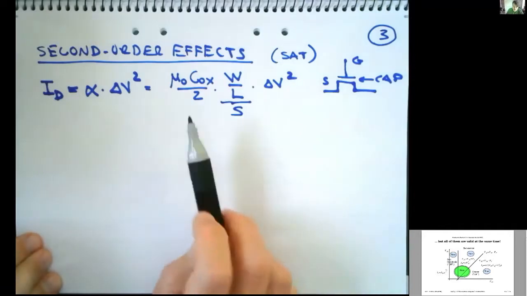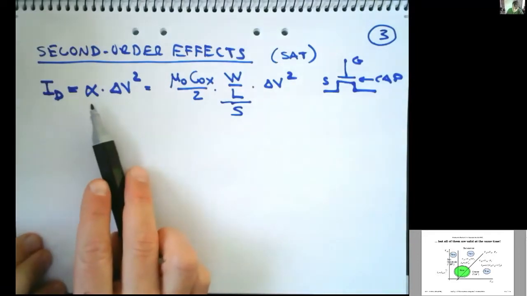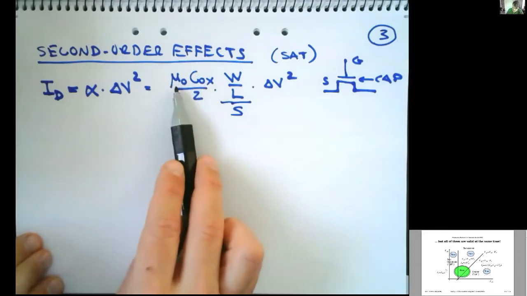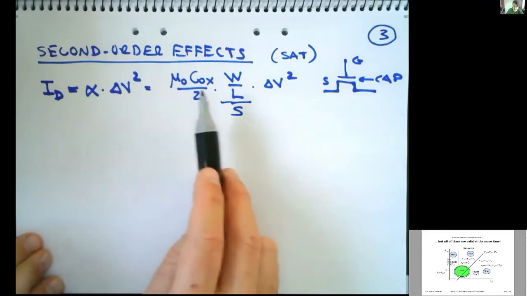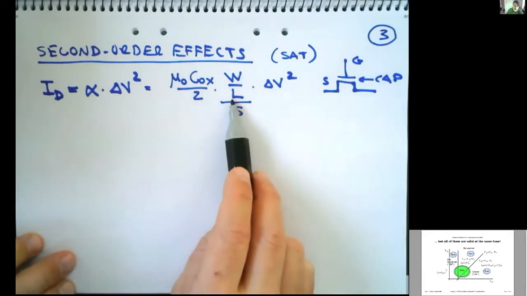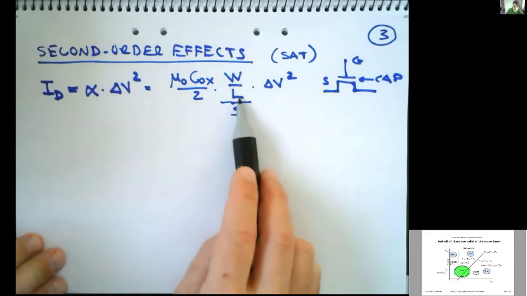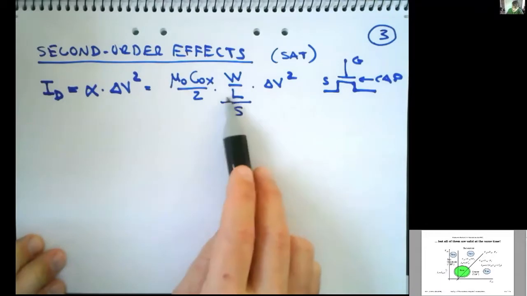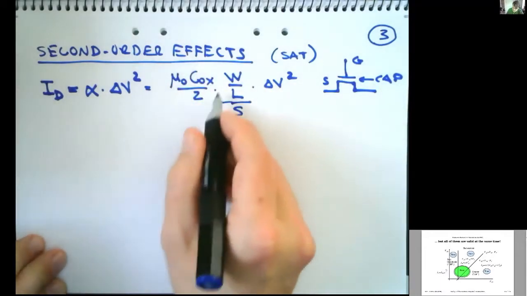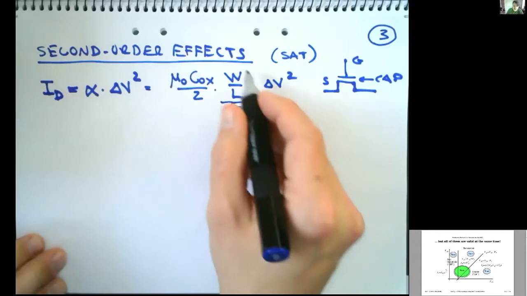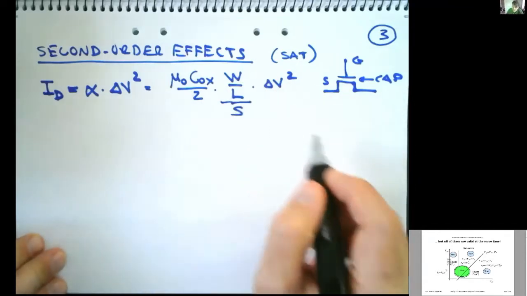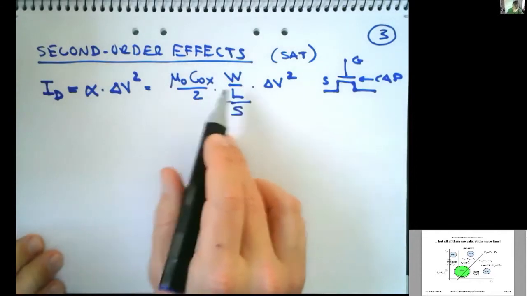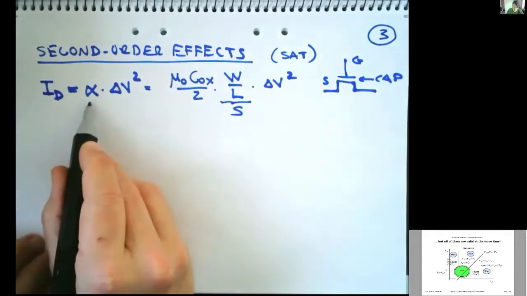But conceptually, as a designer, I probably don't have any good handles to change the value of mu naught and Cox. They're typically given by the process. But W and L I can design as a designer. I can change them, I can make whatever W I want, to a certain limit of course, and the same with L. So one is a fixed parameter, and the other is a flexible, adjustable parameter. But if you look at this equation, I don't really care about WL, blah, blah, blah. For me, it's just the parameter alpha.